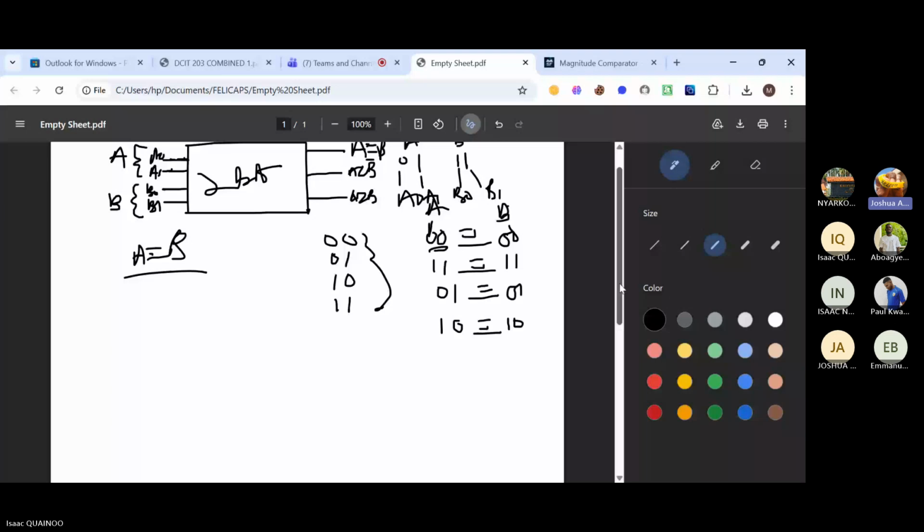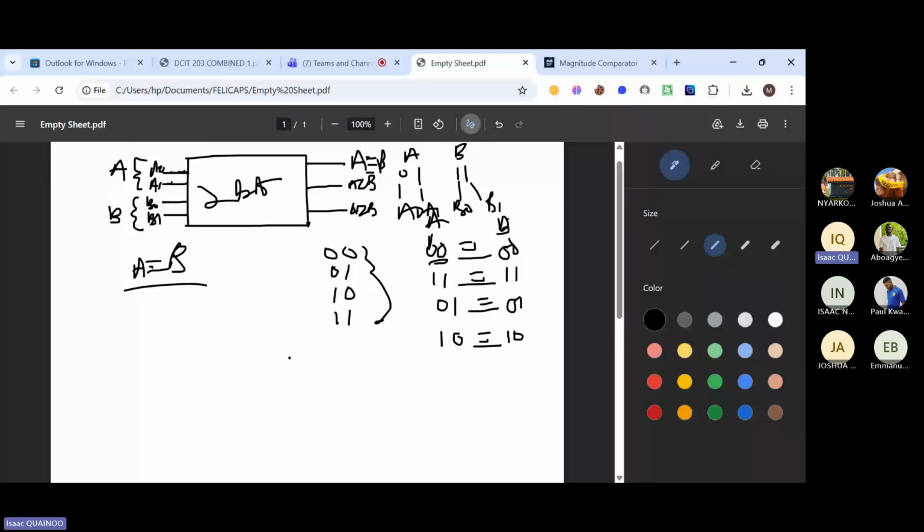A0 and A1, so we have A0 prime and A1 prime. Then on the right, that is B. How do you express 00 for B? B0 prime and B1 prime.